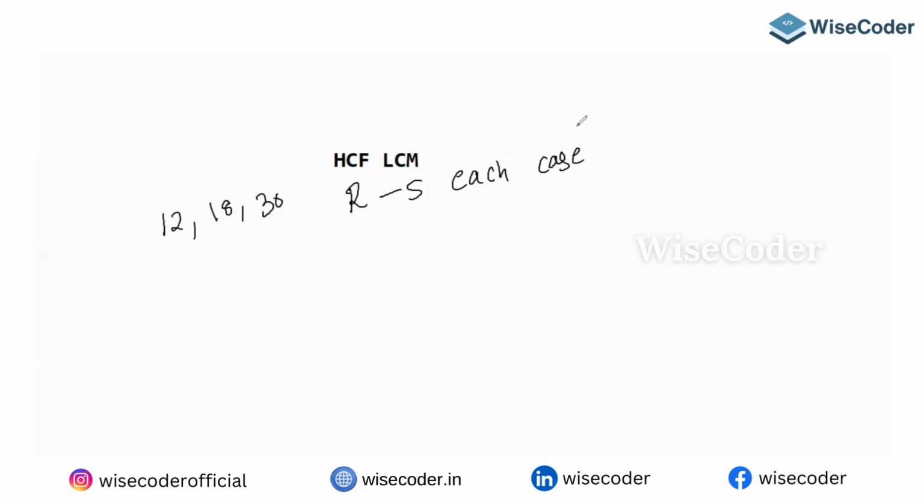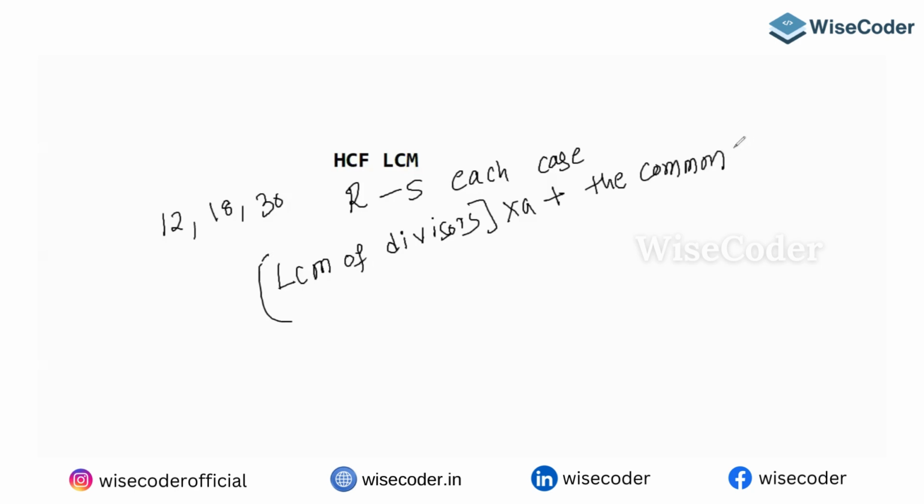So whenever you come across these types of questions, if you want the series of numbers, you need to write the LCM of the divisors into some constant A, plus the common remainder.